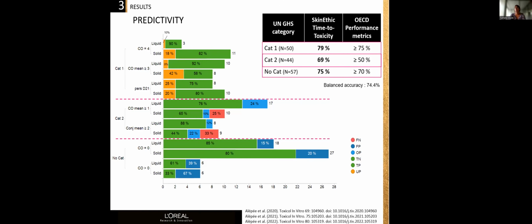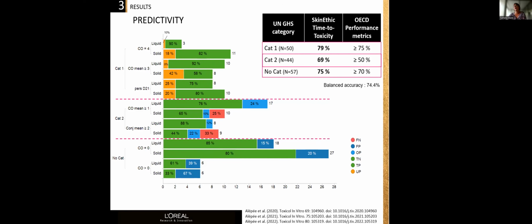What was also important to go through when we developed this method was to evaluate the predictive capacity. And this predictive capacity was calculated based on the individual classification using the prediction models that I described previously. And also, what was important was to check this predictive capacity compared to the minimal performance metrics for the 3 UN GHS categories proposed by the OECD experts.